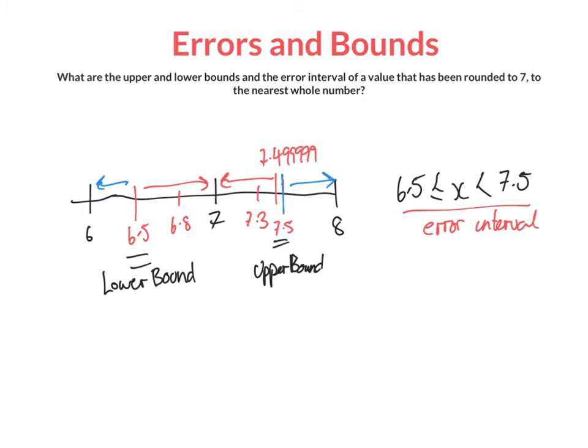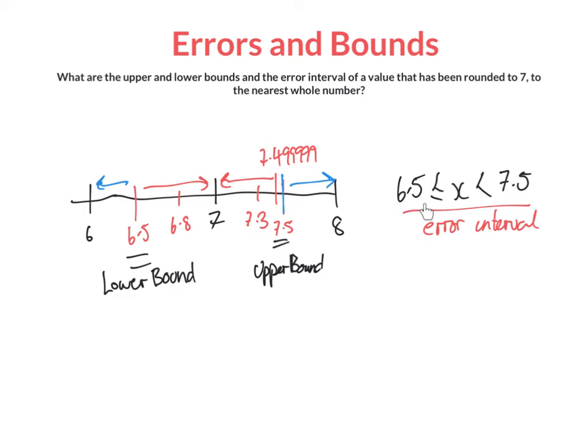So we can write this in two ways. We can say, what's the biggest value that could be rounded down to 7? Actually we just say the upper bound of this is 7.5. What's the lowest value possible? Well, the lowest value is the lower bound, which is 6.5.